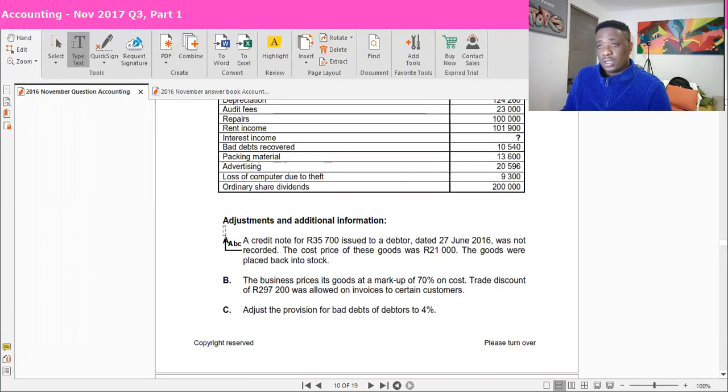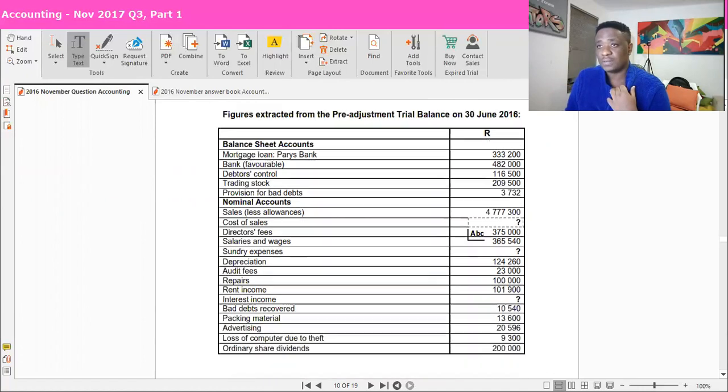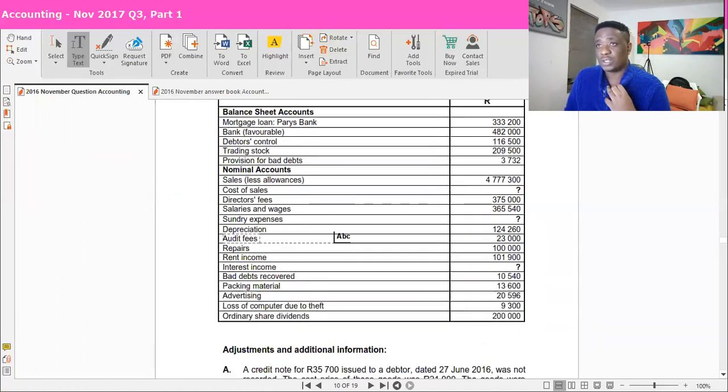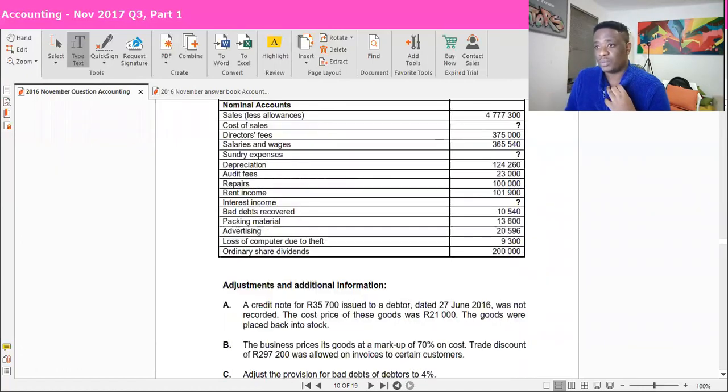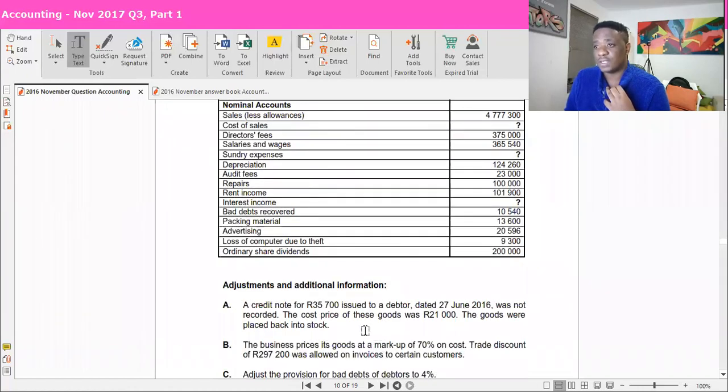But we must also remember that there's a transaction which says that a debtor returned goods and the transaction was not recorded. So the starting point would be to firstly subtract that debtor from this balance, get your balance, and then multiply by 4%.